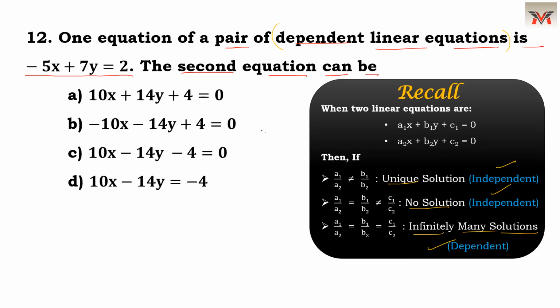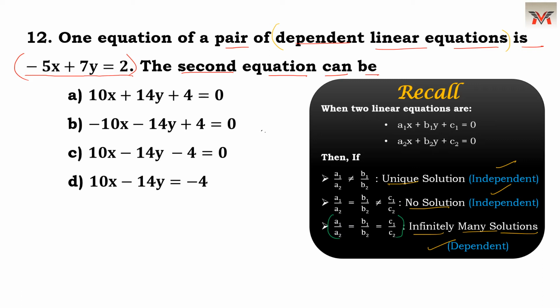So here they're asking us to select the equation in such a way that the two equations will be dependent linear equations. How can we select the answer here? We just have to look at the condition a1 by a2 equal to b1 by b2, which is also equal to c1 by c2. Just look at the options along with the given equation.